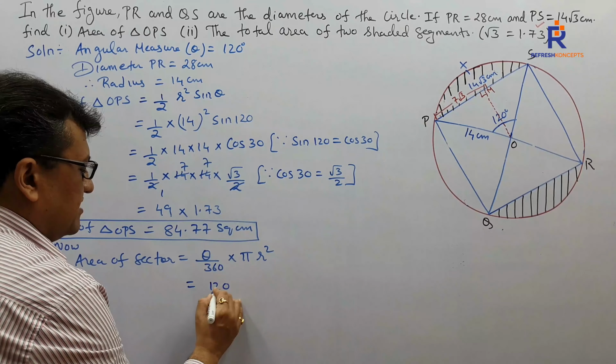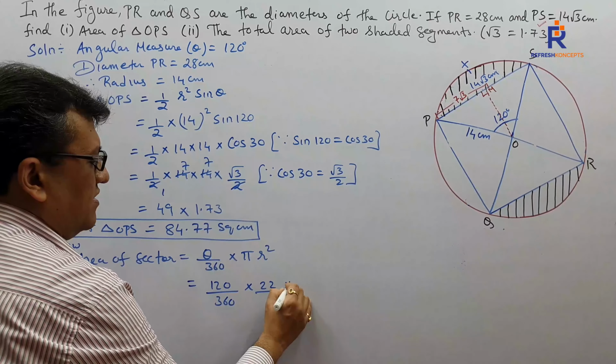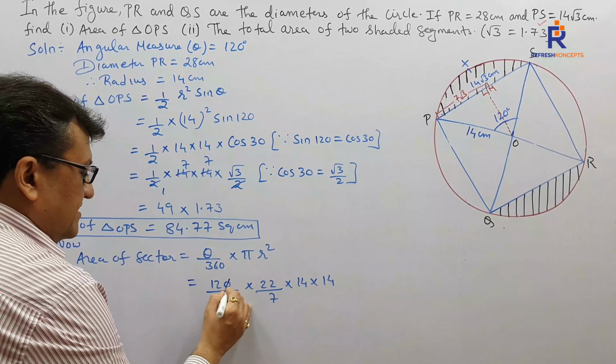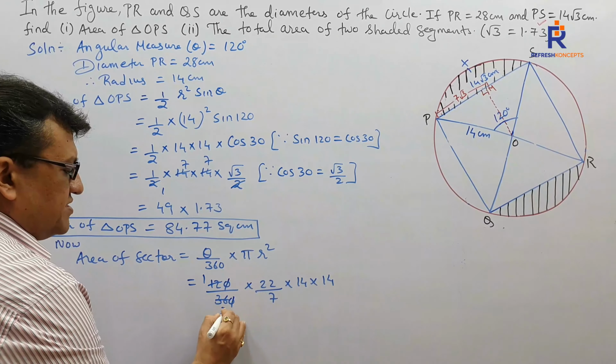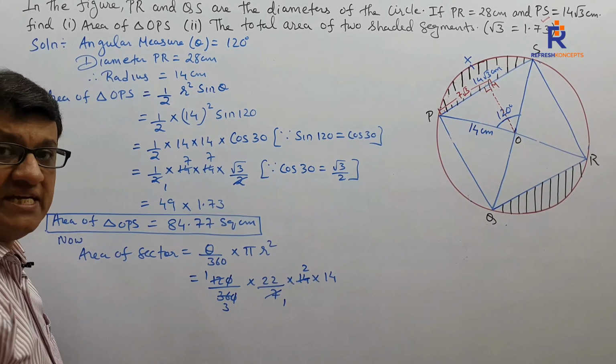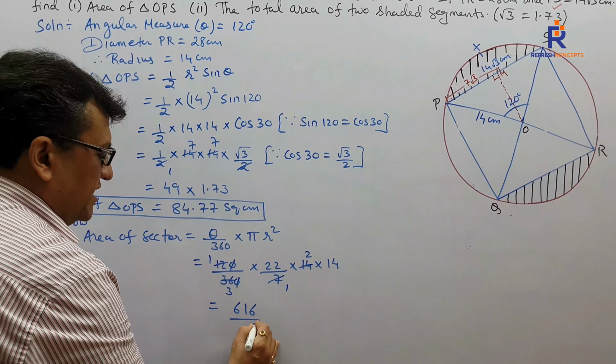Theta 120 by 360, pi 22 by 7, r 14 into 14. Cancels off. 1s are 3 times, 1s are 2 times, 14 2s are 28, 22 into 28, 616 by 3.